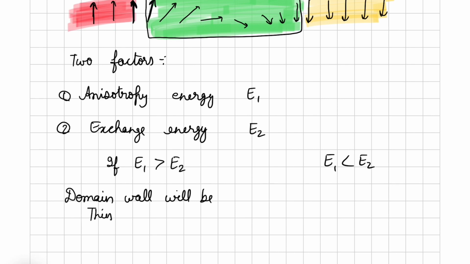But when E1 is smaller than E2, that means these spins, the nearest neighbors, want to stay in the same direction. So the domain wall would be thicker.